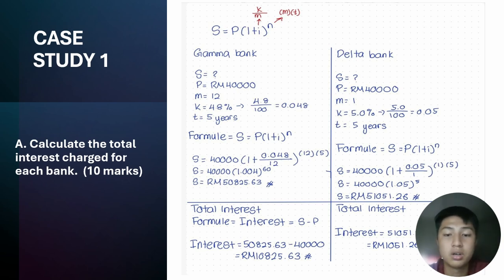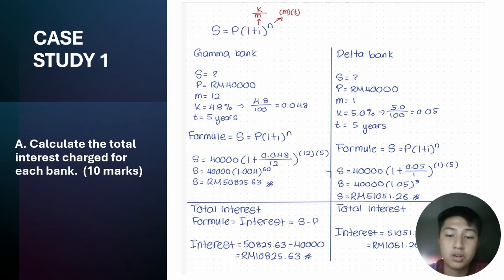So for the Delta Bank, we use the same formula. S is the number we are going to search for. P is equal to 40,000. M is 1, because on the table it is compounded annually. K is 5.0%, and we turn it to 0.05, and T is 5 years.